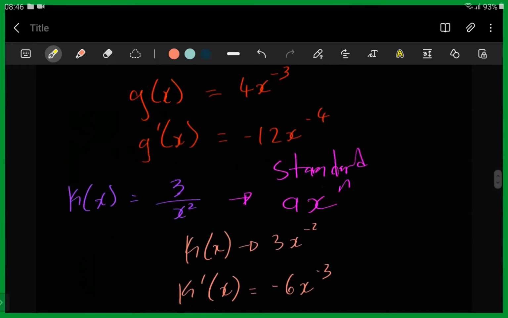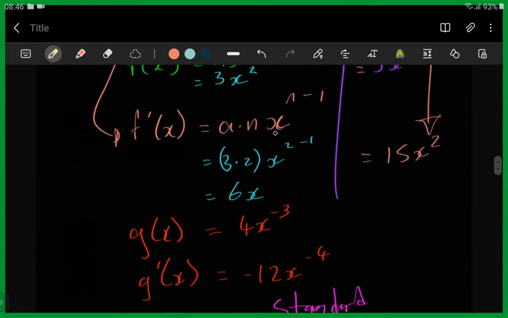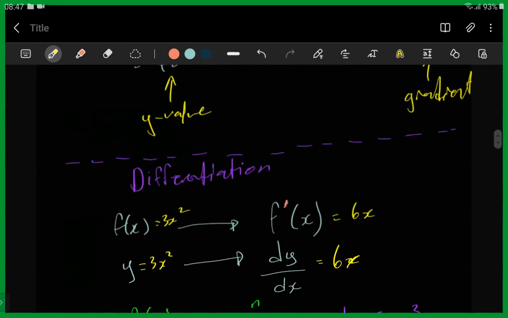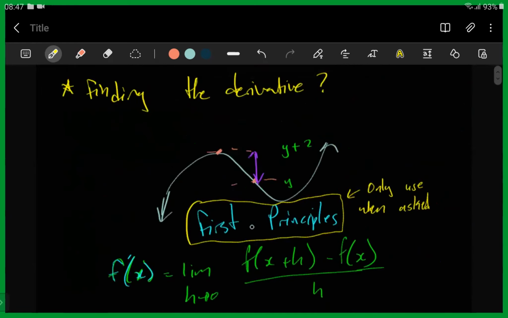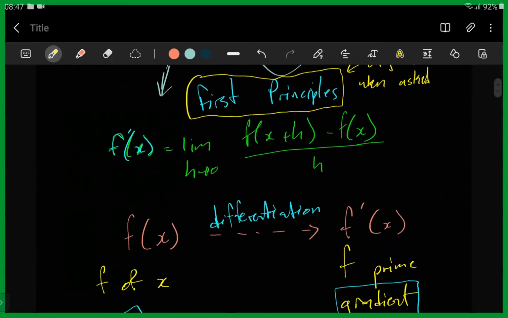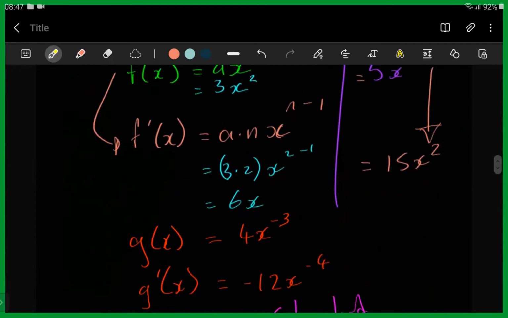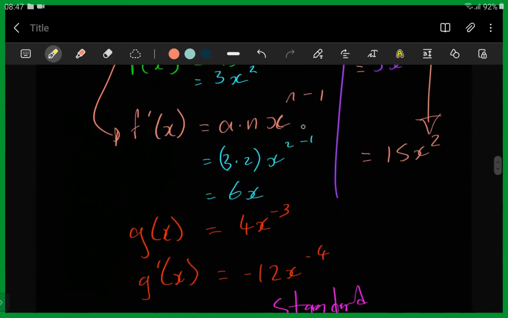Without using this law? Yes, the only other way is to use first principles, which is the formula, but you only use it if they ask you to use the formula. Remember, the formula is just long and unnecessary unless they ask for it. So the simple answer is no, there isn't. This is the only way to differentiate.